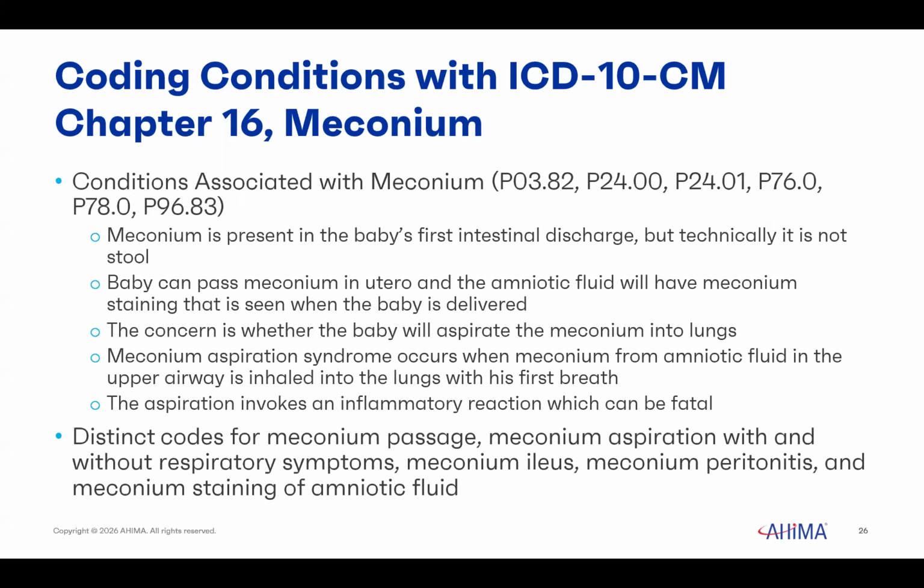Sometimes it causes aspiration into the lungs upon breathing, and that's a very serious complication. So there are distinct codes for meconium passage, aspiration with and without respiratory symptoms, meconium ileus, meconium peritonitis, and meconium staining of amniotic fluid.